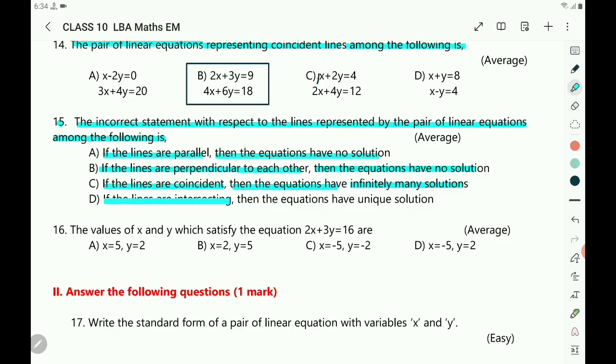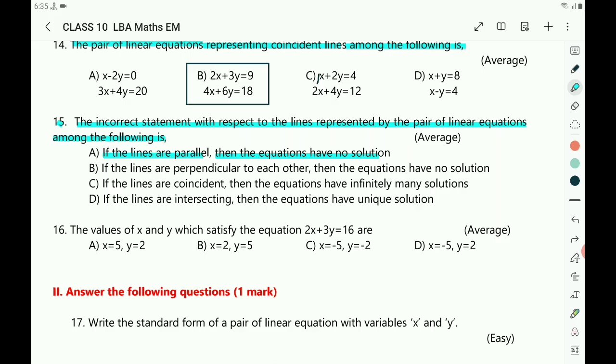If the lines are intersecting, then the equations have a unique solution. This statement is also correct. Here, which one is wrong? Here we said that if the lines are perpendicular to each other, the equations have no solution, but they become intersecting lines, so they must have one solution.